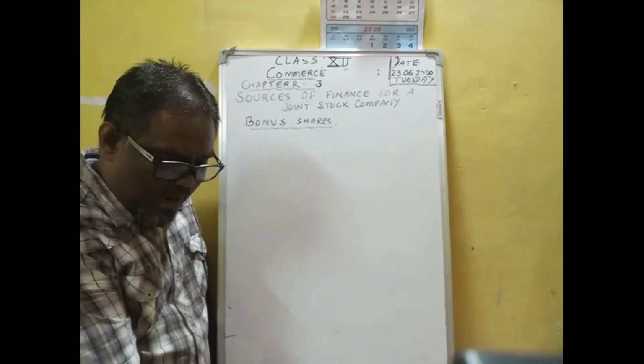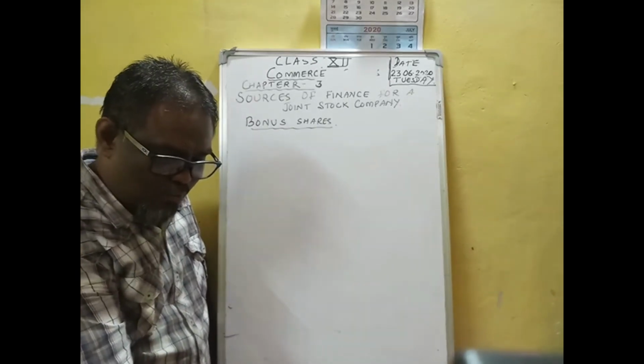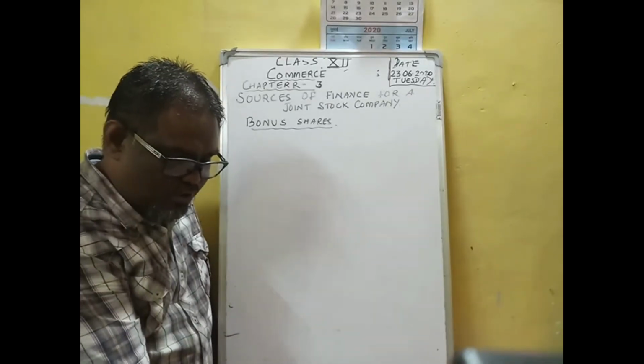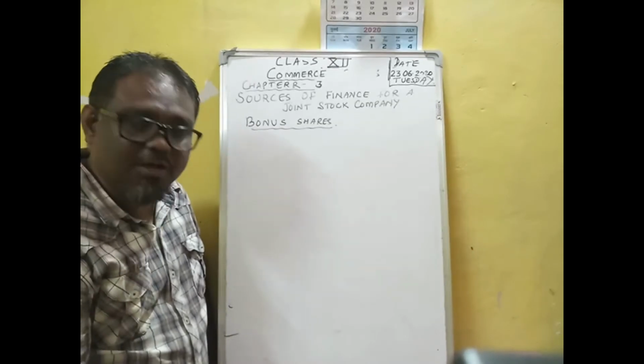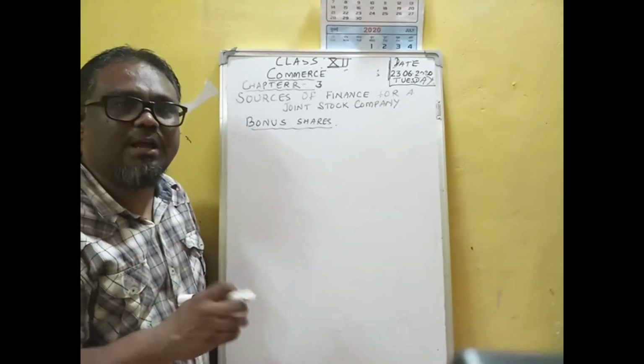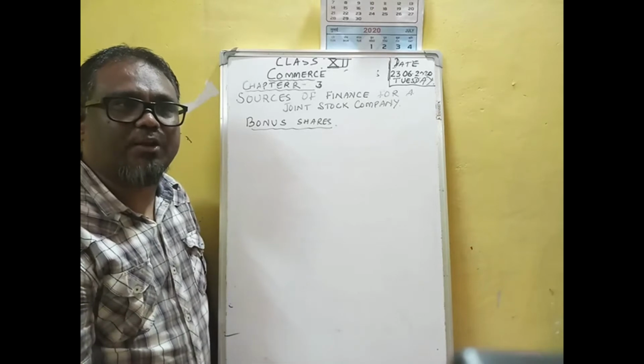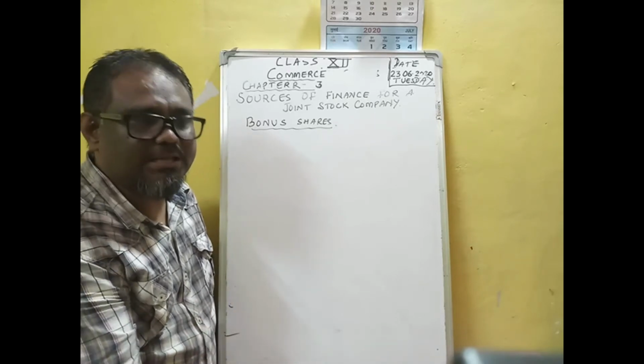And if the Articles of Association require approval of shareholders, a resolution in general meeting must be passed, in the annual general meeting.